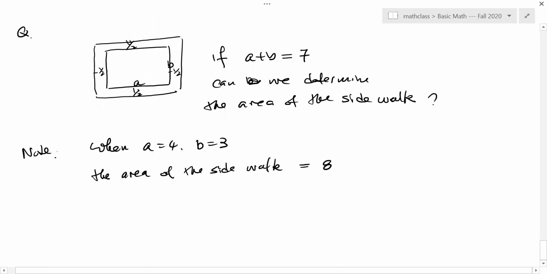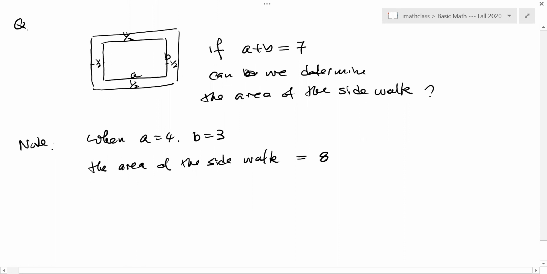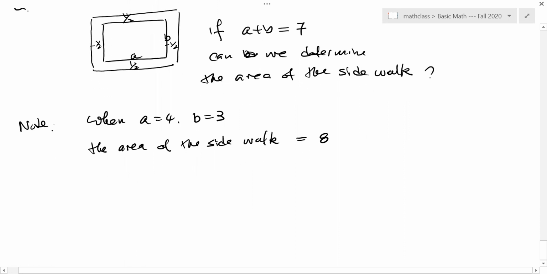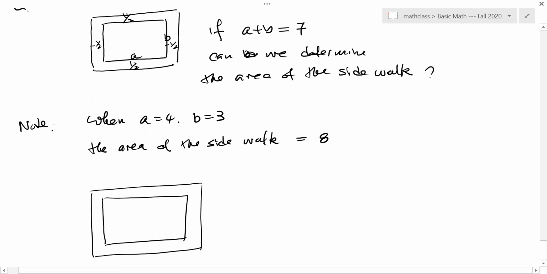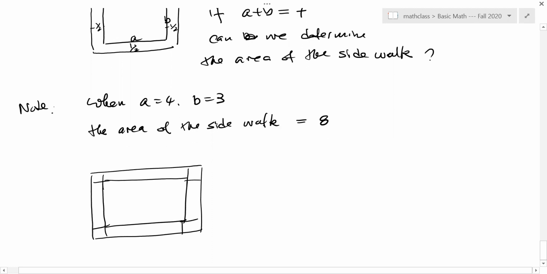Let's see how to do that. So you use the idea we used before, we divide into pieces.